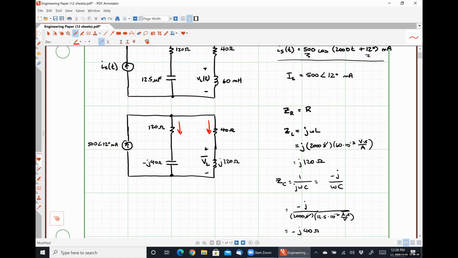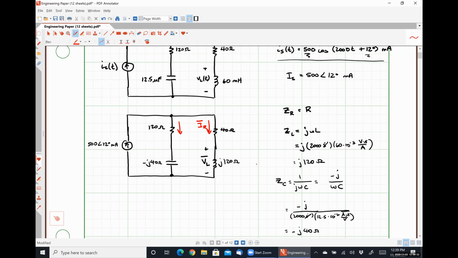I'm going to call this one over here phasor current IR for the right-hand branch. Once we know that current IR, we can simply multiply it by the impedance of the inductor to get the voltage drop over the inductor. We can treat all of these elements effectively as if they were resistors and just use DC circuit analysis techniques.